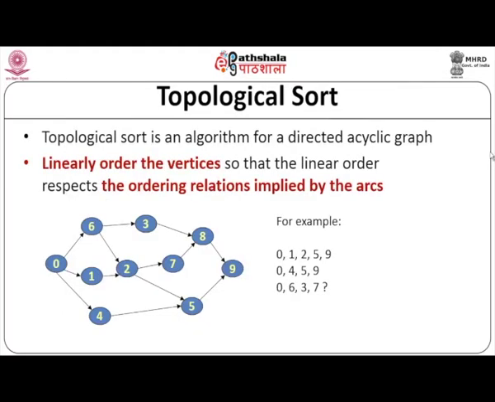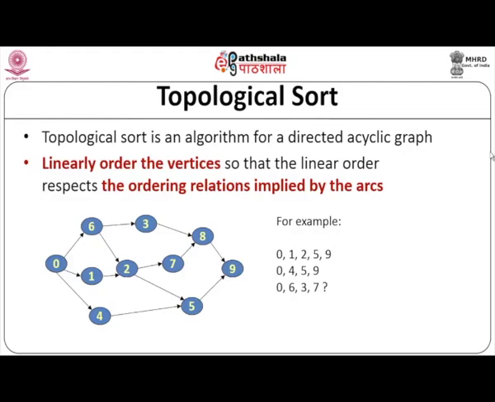Okay. Now, topological sort is an algorithm for a directed acyclic graph. It linearly orders the vertices so that the linear order respects the ordering relations implied by the arcs. So, for example, here we have 0, 1, 2, 5, 9 is allowed.